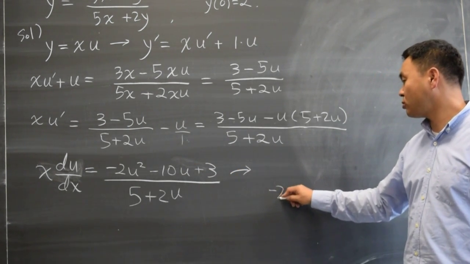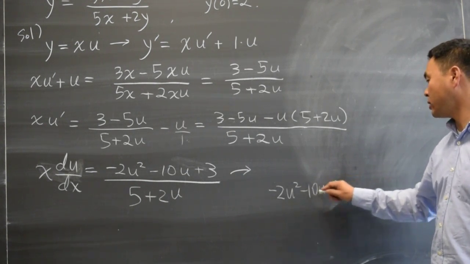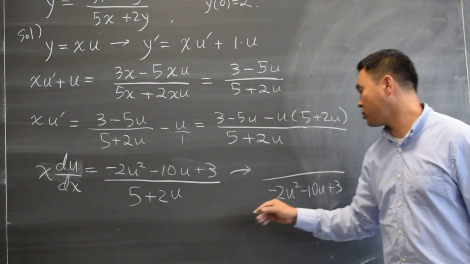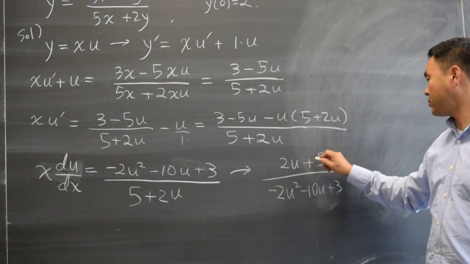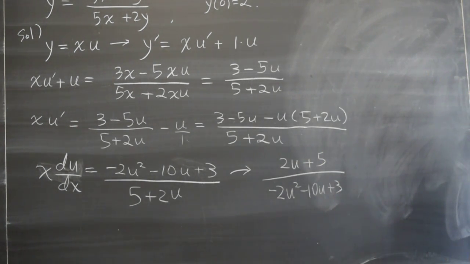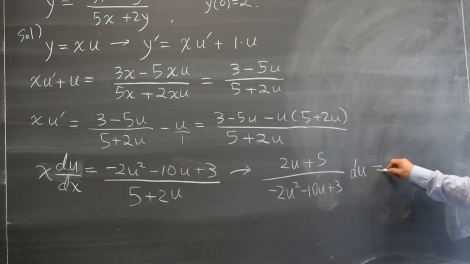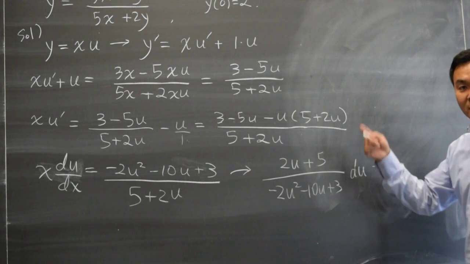So you have negative 2u squared minus 10u plus 3. And because this flips, you get 2u plus 5 du. And if dx goes to this side and x goes to the other side, they also get flipped.